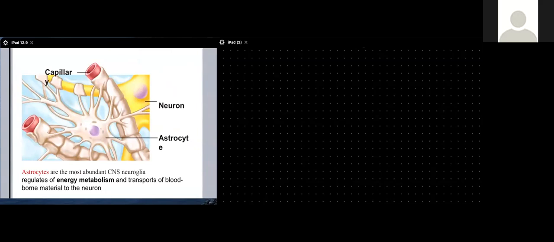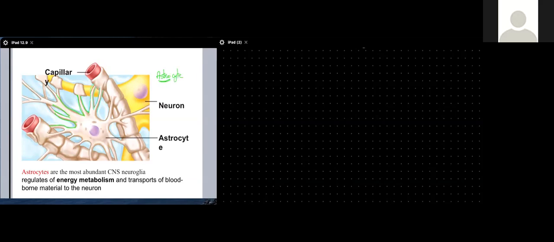If you're looking on here, you can see a cell with many arms. This cell looks like a star. So a cell that looks like a star, we call it astrocyte.